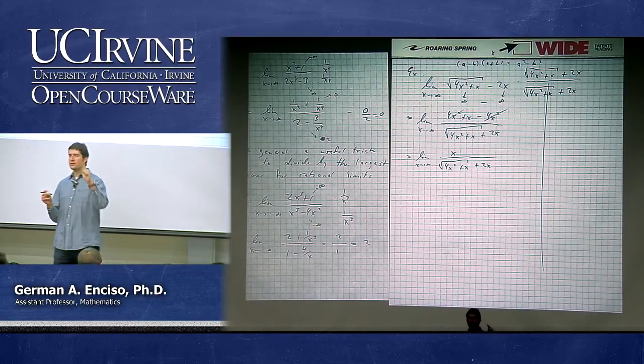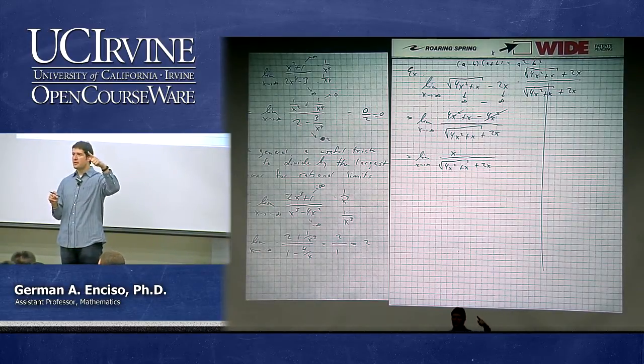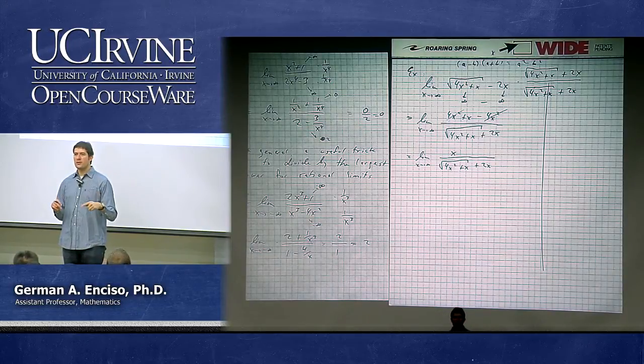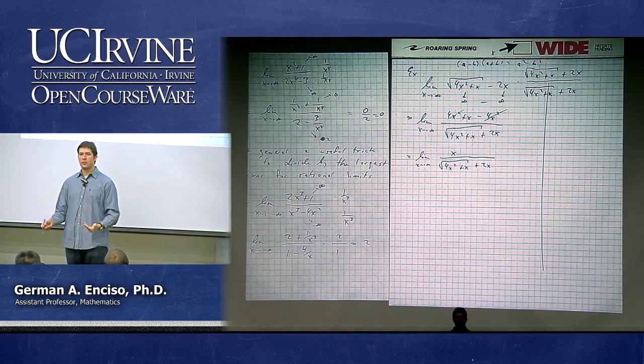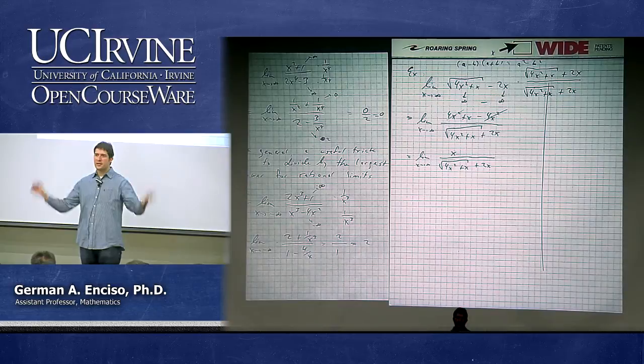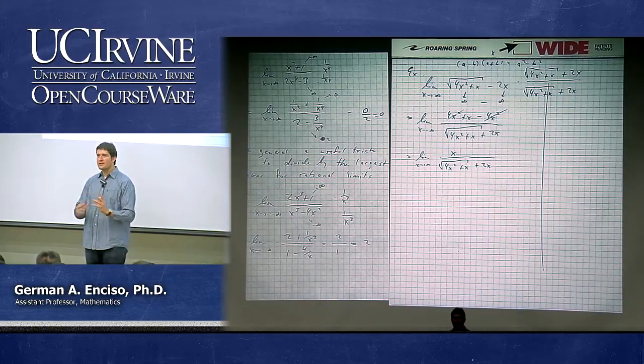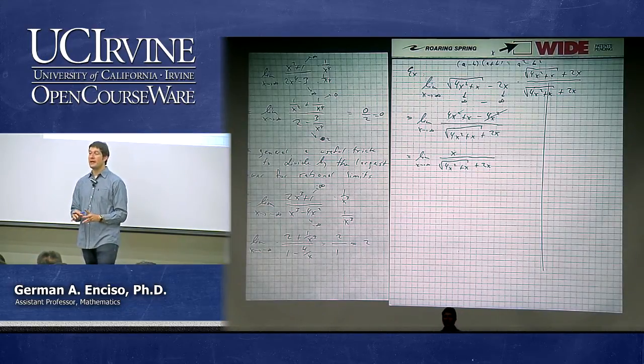The largest exponent on the top is x. And what about the largest exponent on the bottom? Well, there's an x squared, but it's inside a square root. So it's almost like the largest exponent on the bottom was also x. It's not obvious, but if you have something squared inside of a square root, it's more or less like the largest exponent is x.